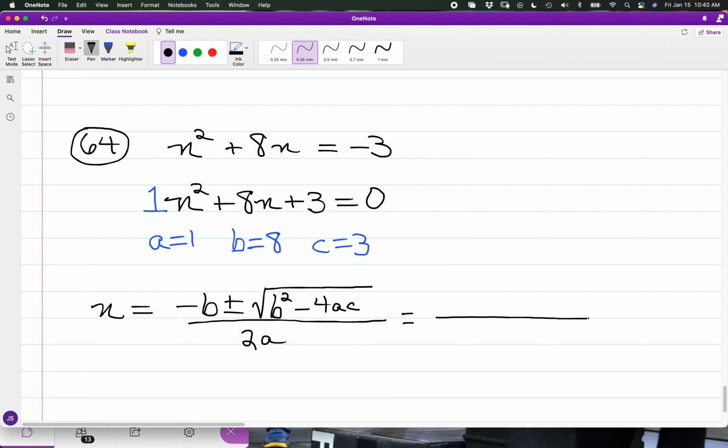And so looking at what we have and substituting, for negative b, you have negative 8, you have plus or minus the square root. Now for b squared, this is going to be 8 squared. And we have minus 4ac, so you have negative 4 times 1 times 3.